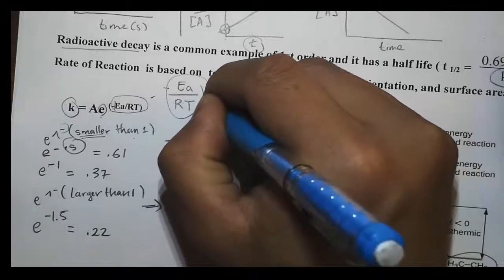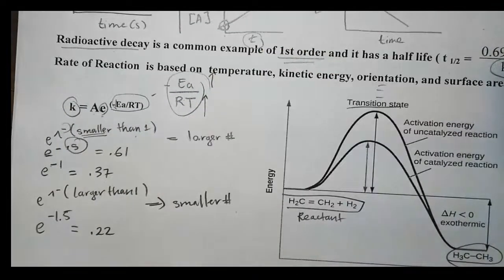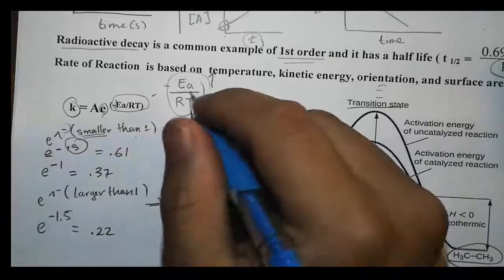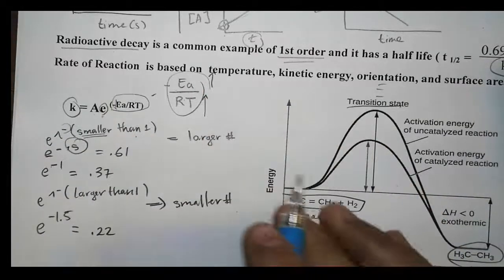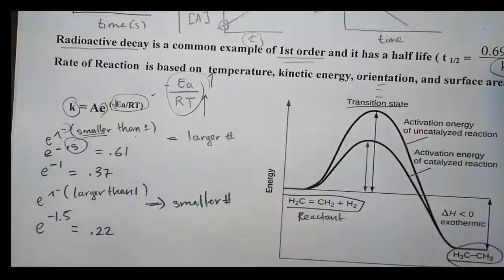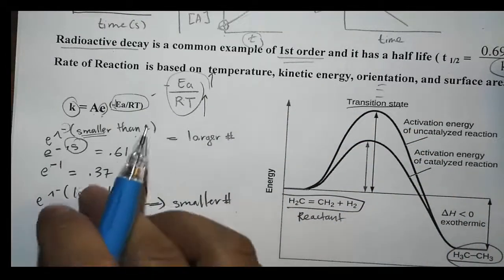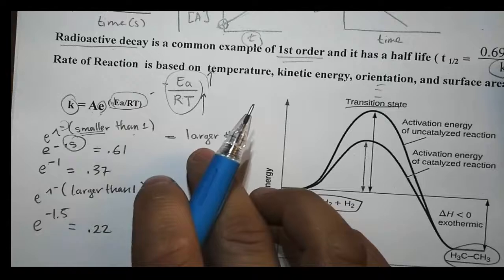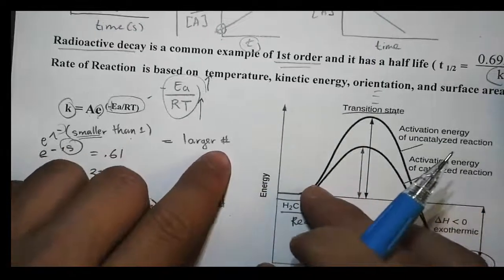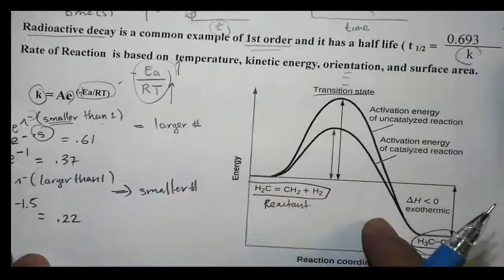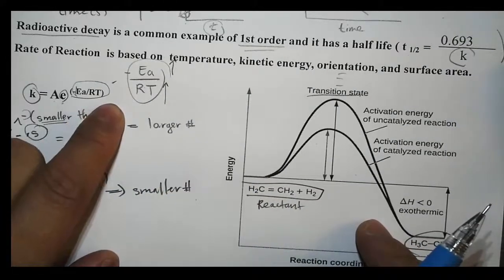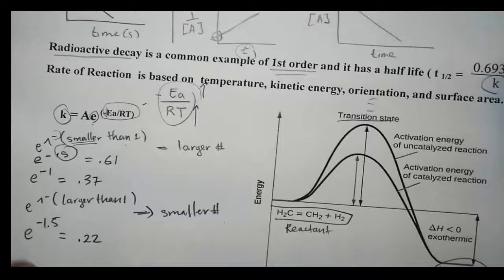If I were to increase T, that means more collision, so what happens to the fraction? That fraction will be less than 1. You keep dividing by a larger number, you have less than 1, and look at the values. Of course, less than 1 will give you a larger number, and that in the end will give you a larger K. So know the mathematical relationship between it and that right there.